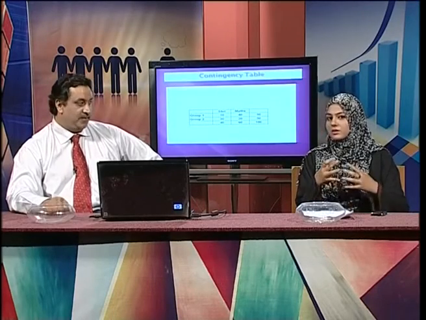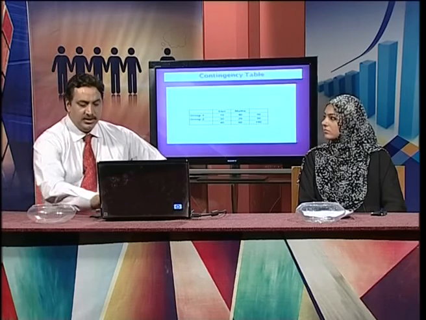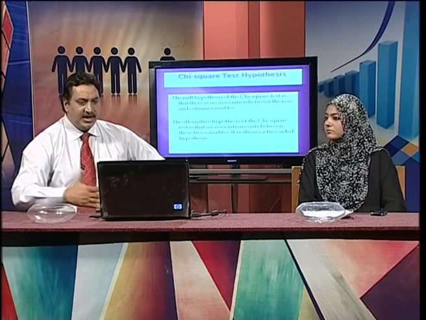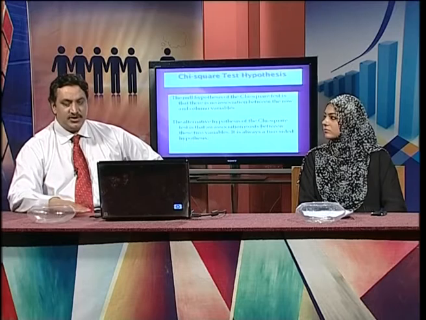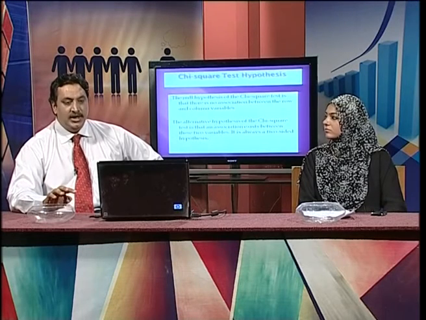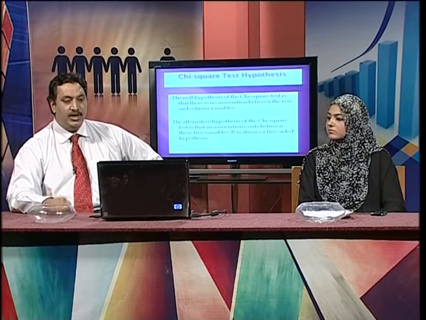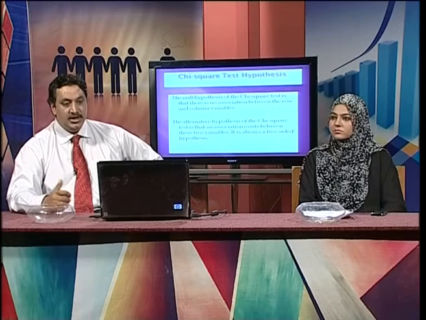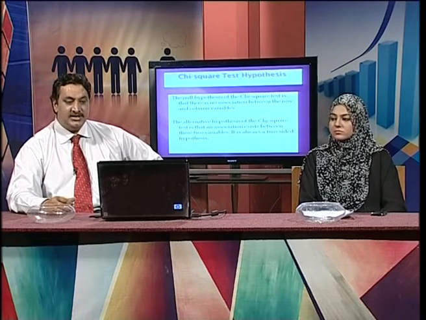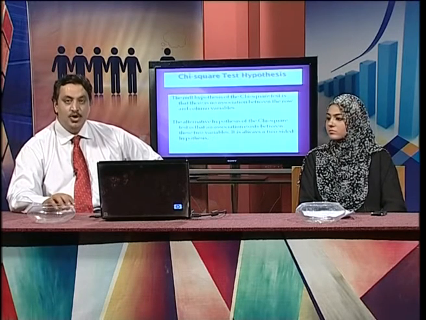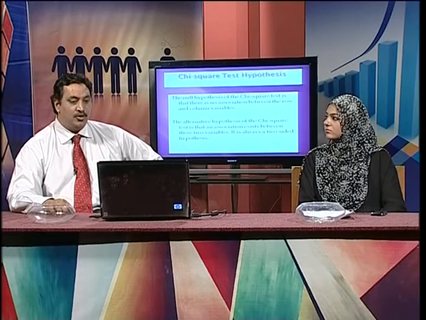We can make these contingency tables in different software such as Excel and SPSS. You can use any software, especially spreadsheets, which are more beneficial. In the chi-square test, the rest of the procedure and the formula are the same. For the contingency table, we generally formulate the hypothesis in this language. The null hypothesis of the chi-square test is that there is no association between the row and column variables.